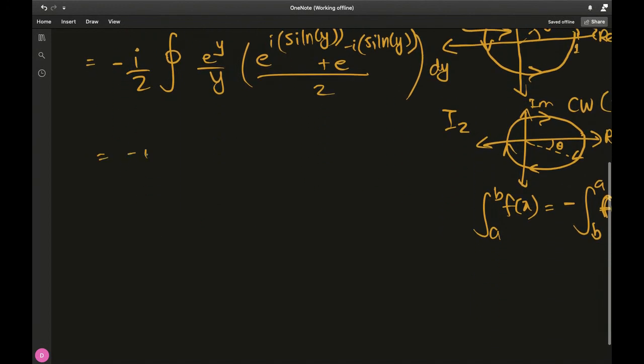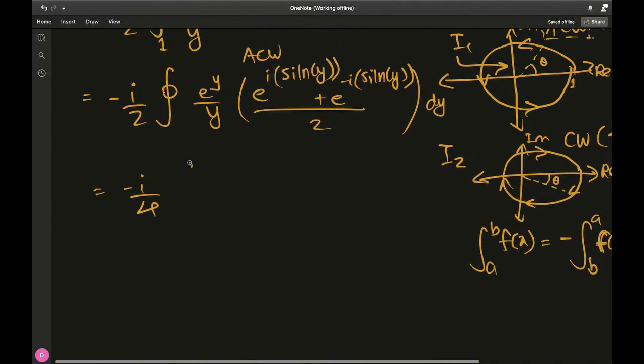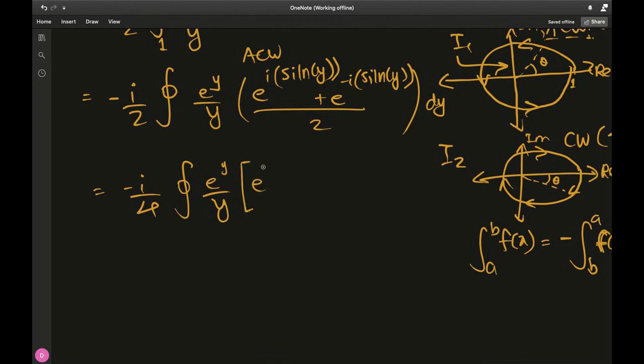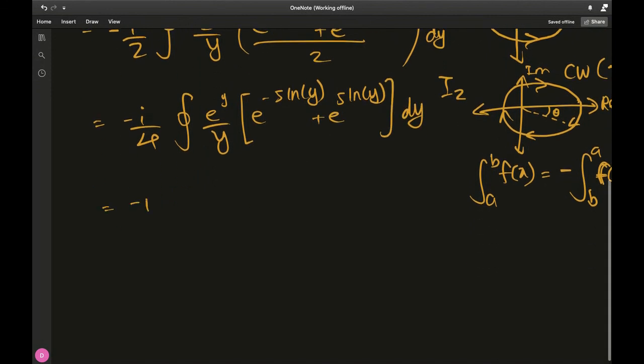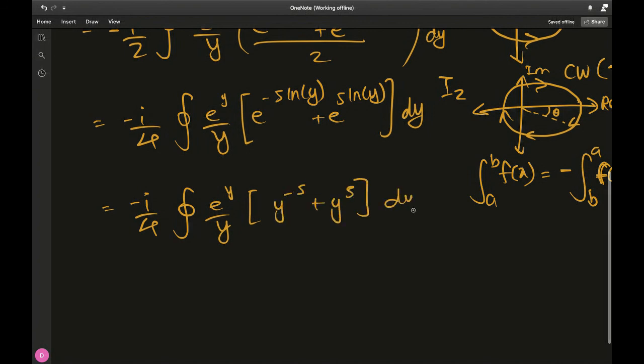Take the 2 outside, negative i over 4, closed integral of e to the y over y, e to the negative 5 natural log of y plus e to the 5 natural log of y dy. And all these steps are actually a repetition of I1. We have y to the negative fifth plus y to the positive fifth dy.